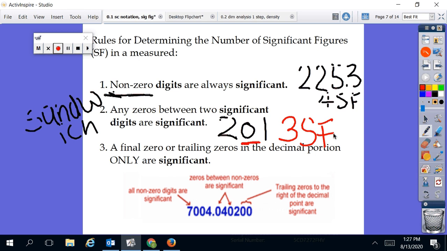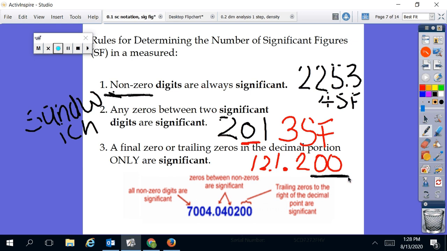So for example, if I had the number 121.200, these zeros are trailing at the end after the decimal, which means they are significant.